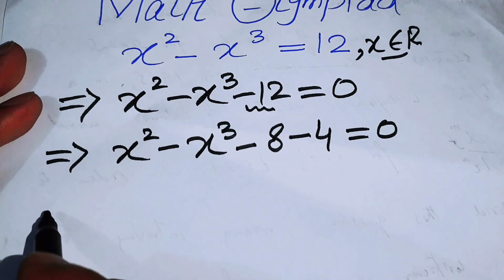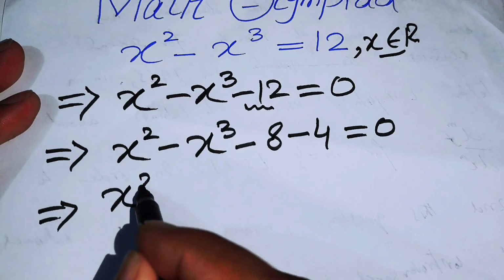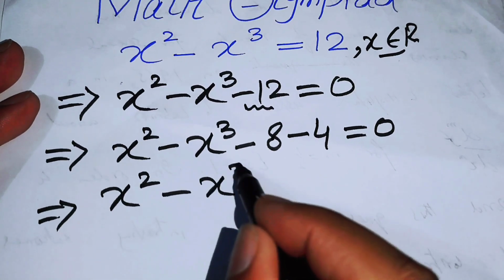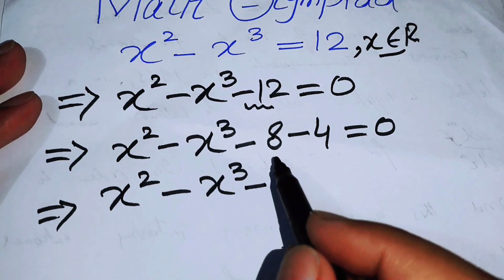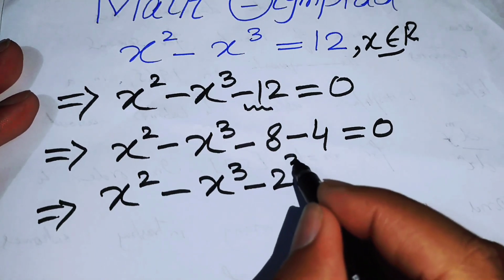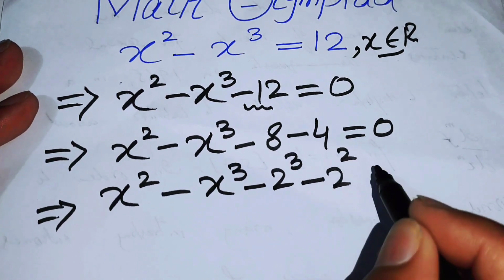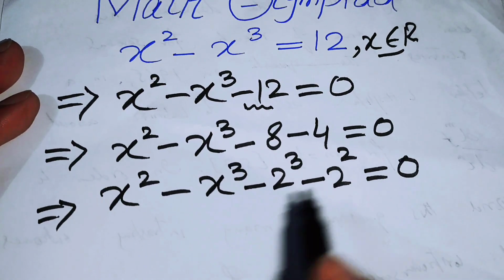Now we will rewrite this equation as x squared minus x cubed minus, here you have 8, and we will write this 8 as 2 cubed minus, here you have 4, and we will write it as 2 squared is equal to 0.